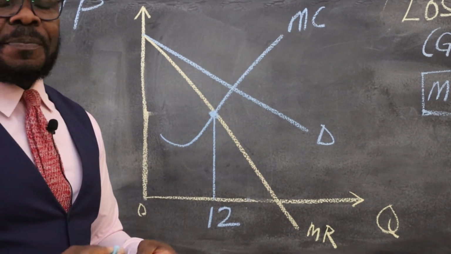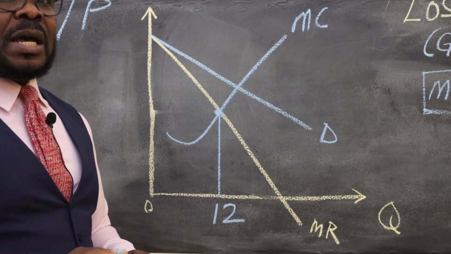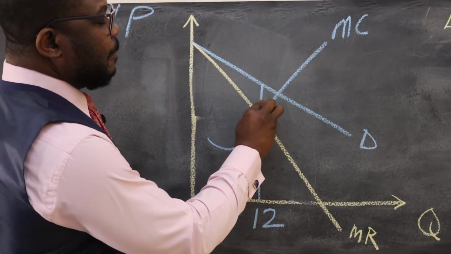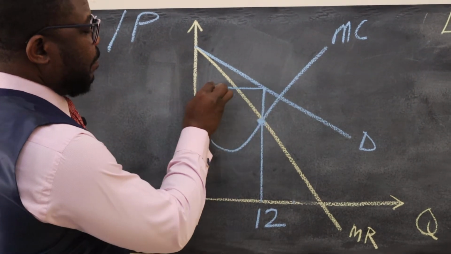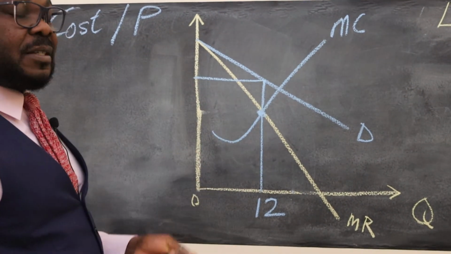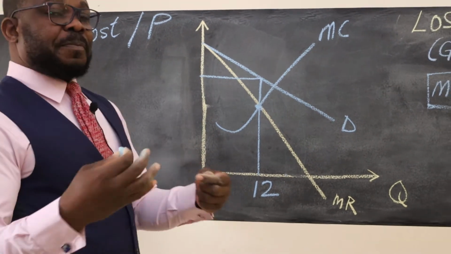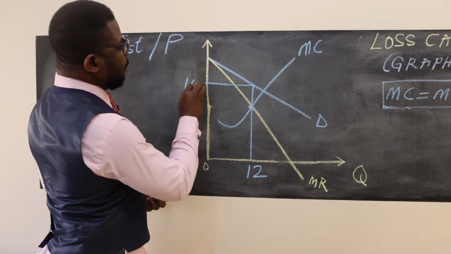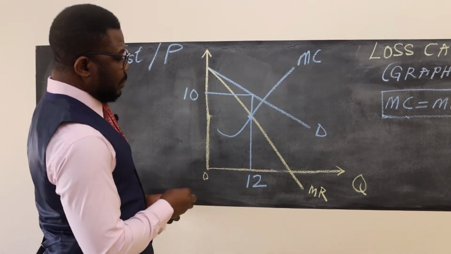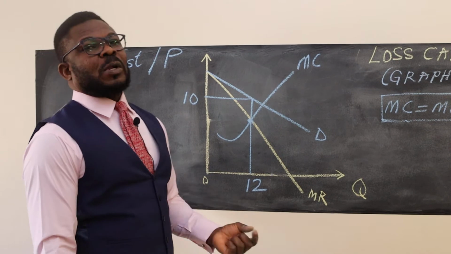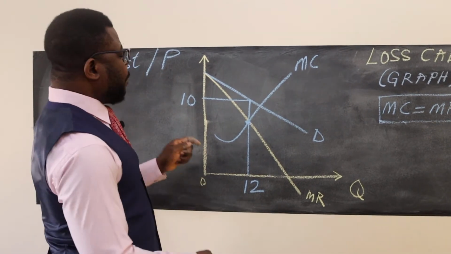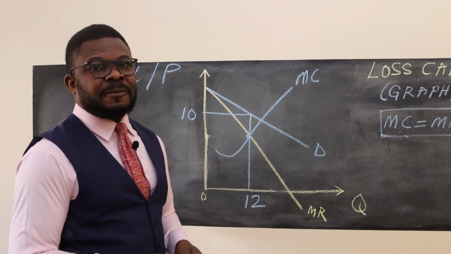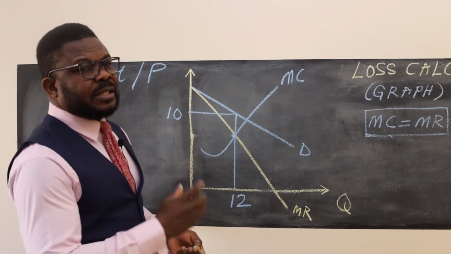The way to get the price for the monopolistic competitor is to trace this line all the way up to meet the demand line and come to the left-hand side. For analysis purposes, let's say the price here is 10. So when they produce 12 units, they're selling each unit at $10.